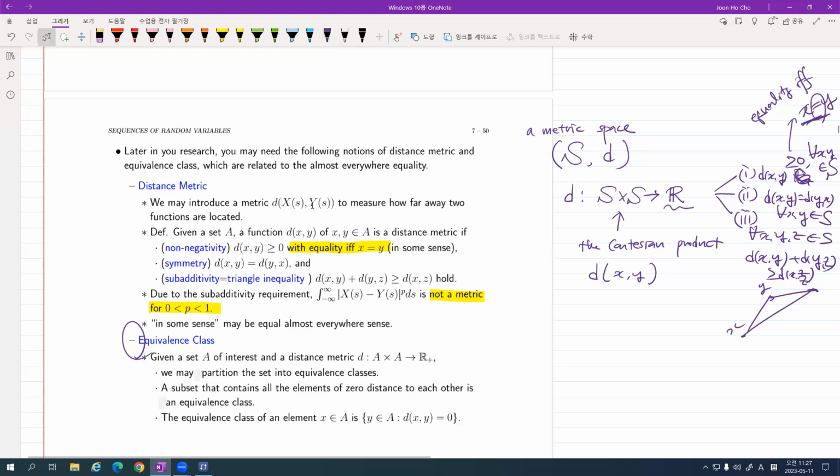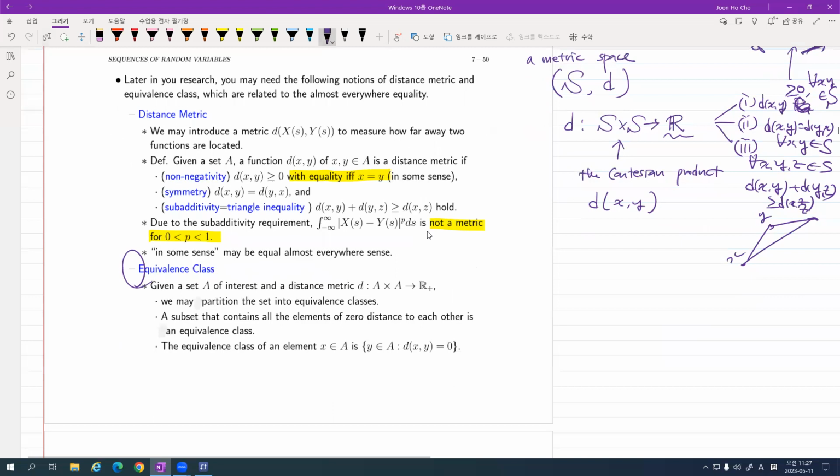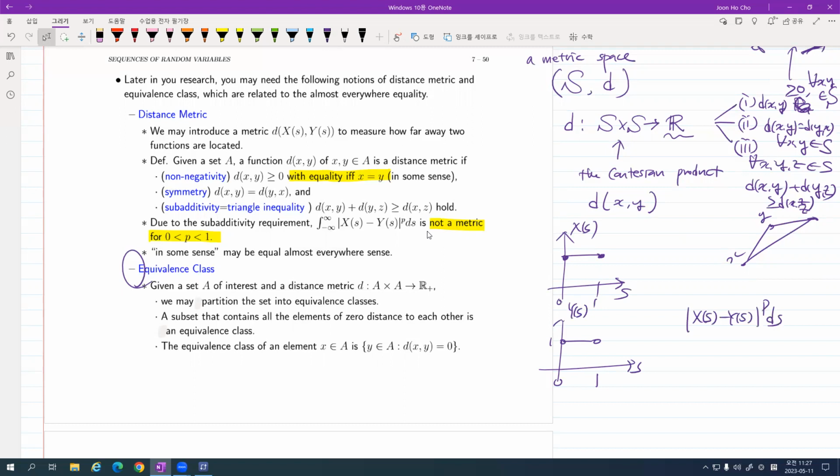We've already seen 2 functions, x and y, that have this integral equal to 0.